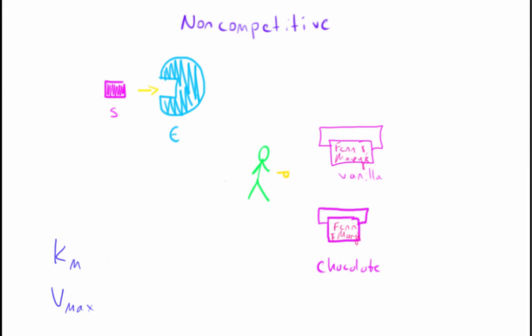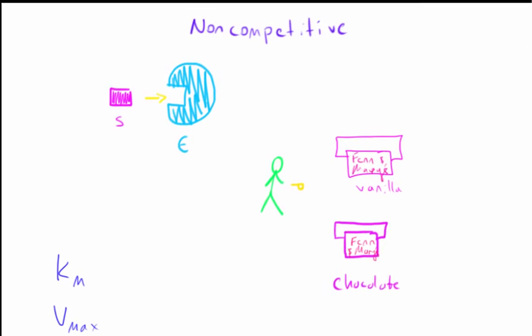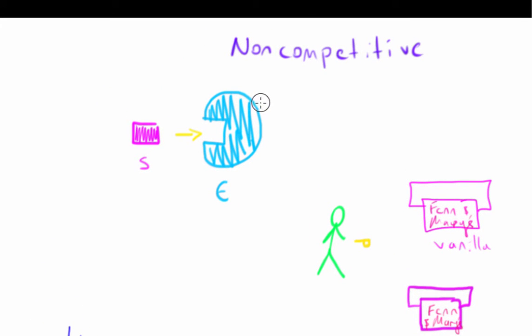Now let us consider non-competitive inhibition and what the difference is for non-competitive inhibition as compared to competitive inhibition. We are going to say that there is another site on this enzyme, but this won't be our active site. This will be an allosteric site. We're going to say this is that site.